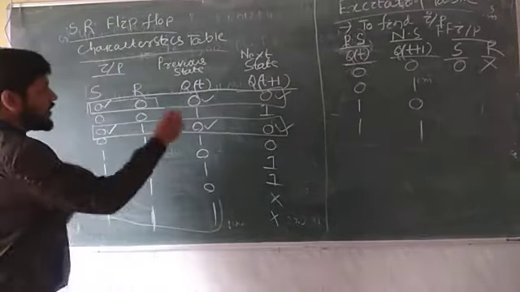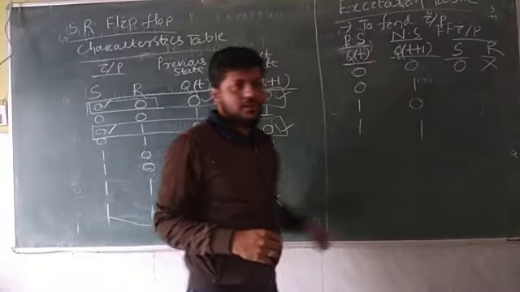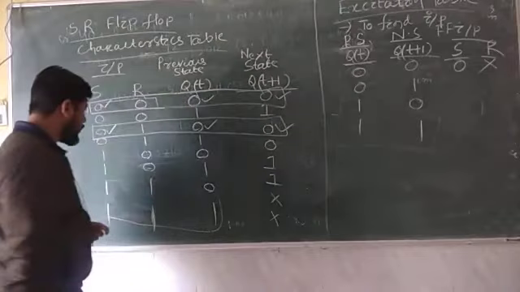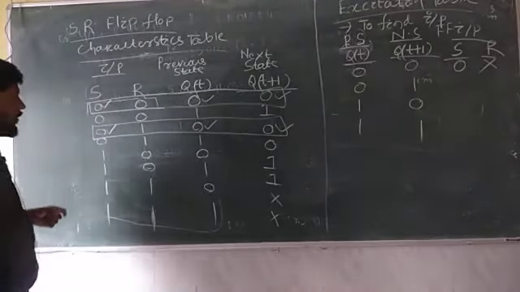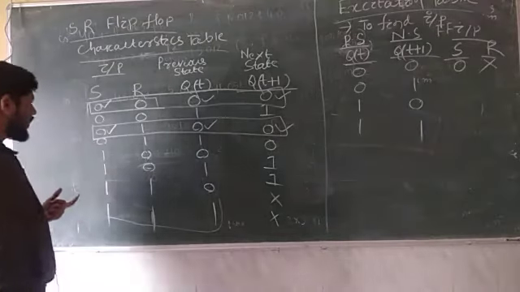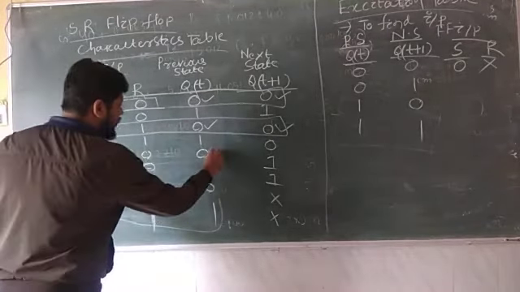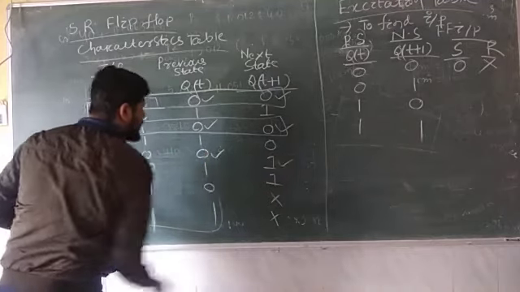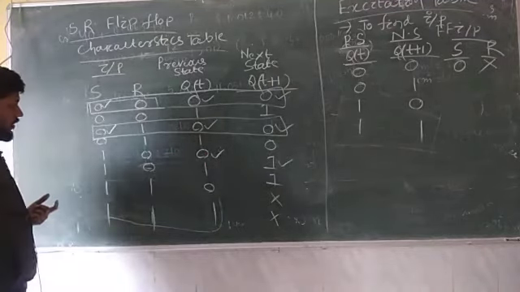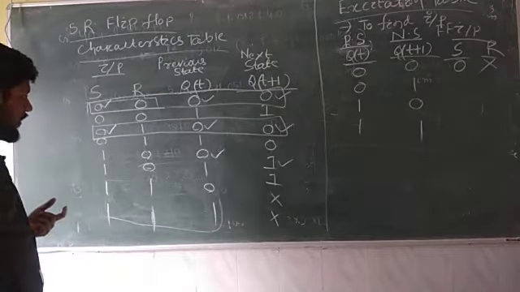Then we will see Qt is 0, Qt+1 is 1. What are the cases for which Qt is 0 and Qt+1 is 1? We can see here Qt is 0, Qt+1 is 1, and there are no other cases for which Qt is 0 and Qt+1 is 1.